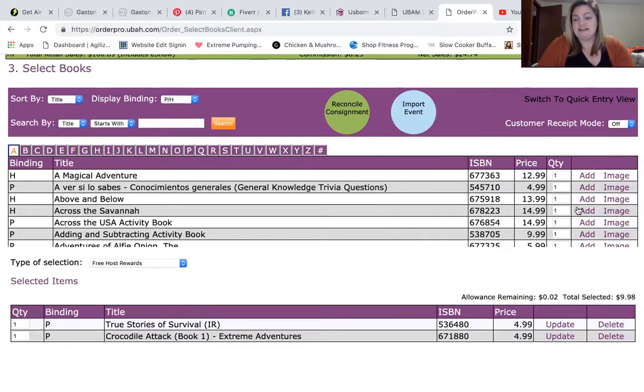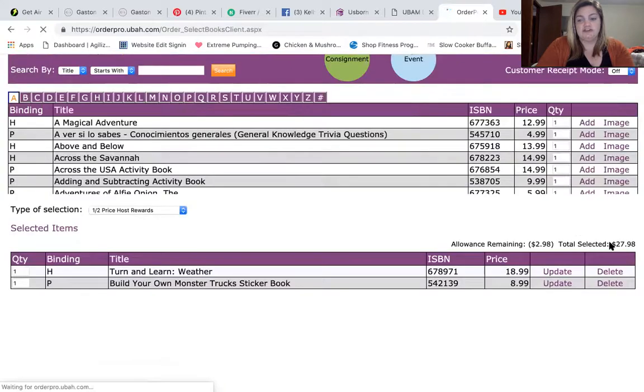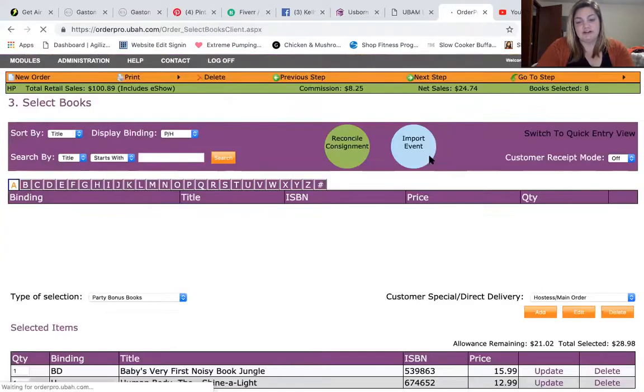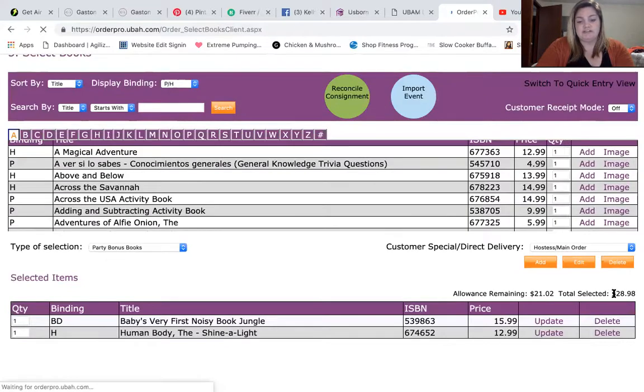So see here in the middle where it says total selected, $9.98. So that's what I put in. Then I go to half price, and I look at the same total number, total selected, $27.98, so I add that. And then I go to party bonus, whatever incentives she earned from me. She earned $28.98 from me.